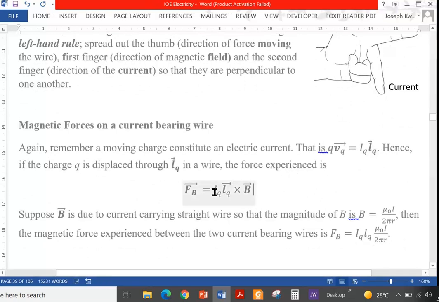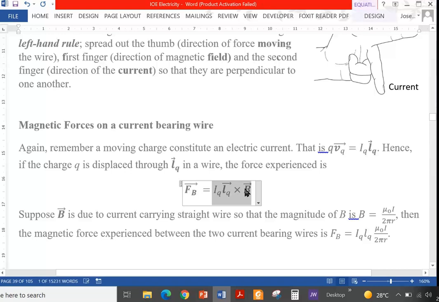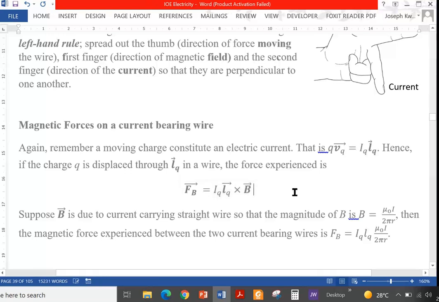So for the force between two charges that are moving, we can replace it with this. In other words, if there is a charge that is moving in the magnetic field, we can use this expression to calculate the force acting on that charge or on that current.